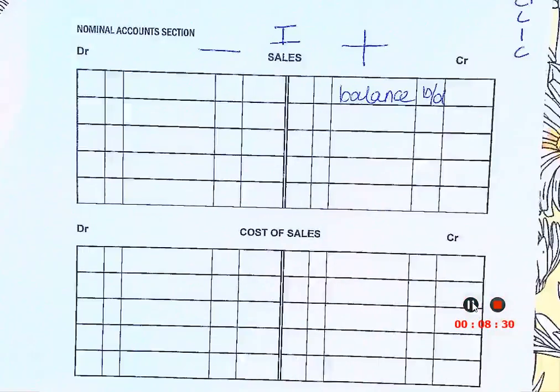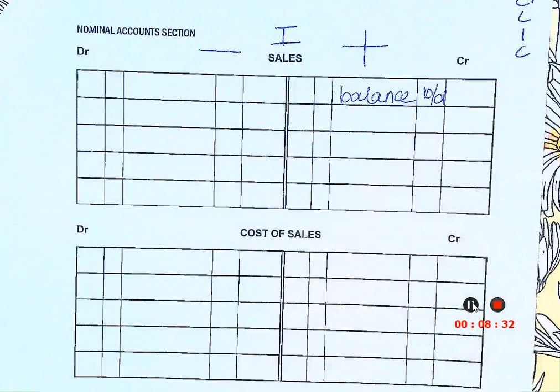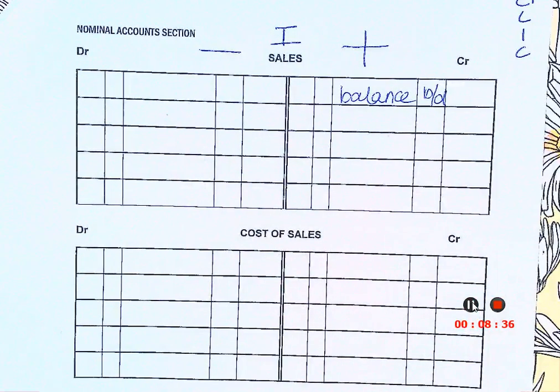Okay. Now, let's look at this. My sales, if you think about it, is happening two ways. I have cash sales and I have credit sales. By the way, under which one of the two does credit card sales fall?